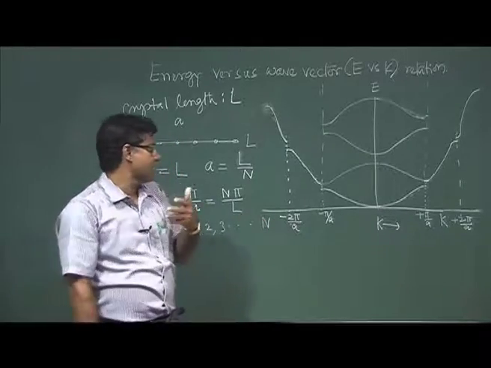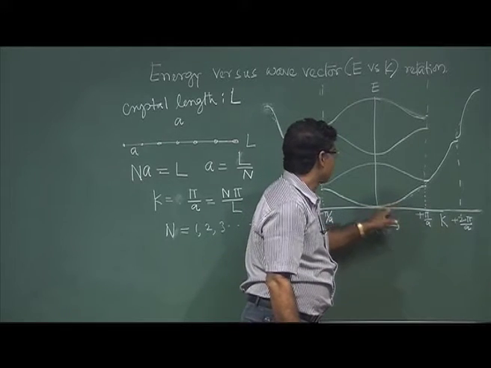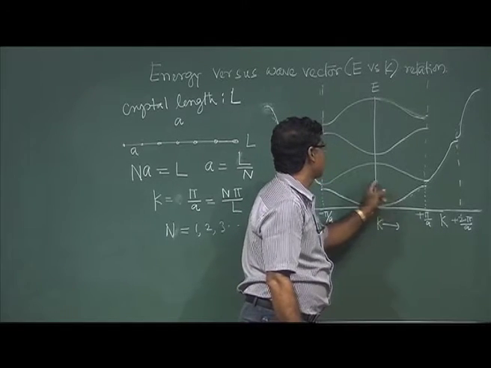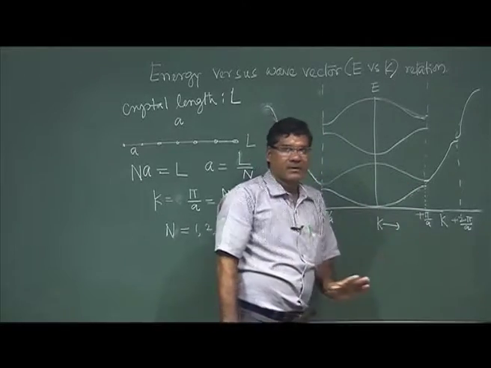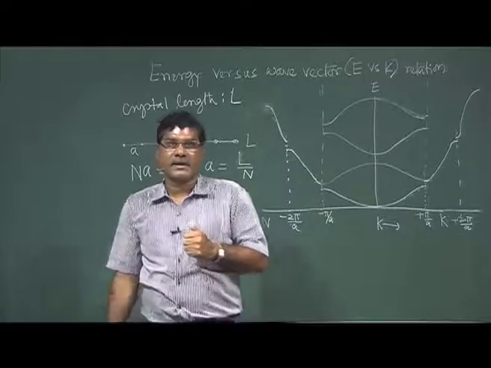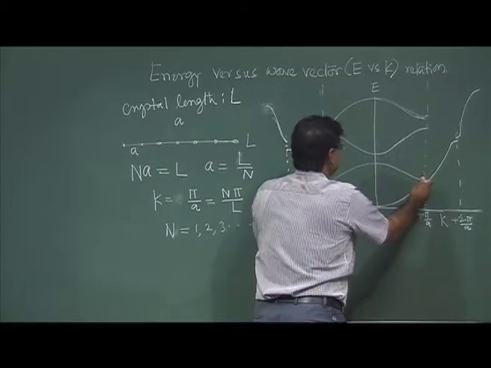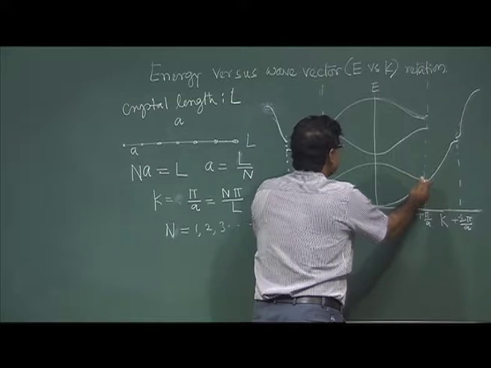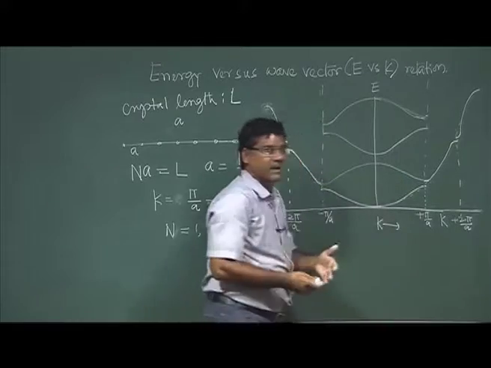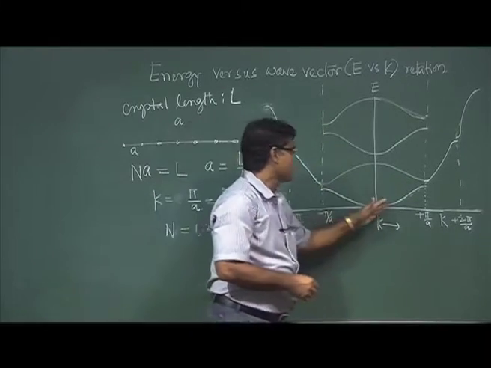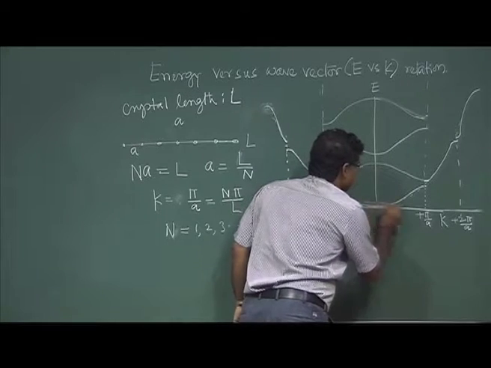For each value of k it will have a different energy, right. Each k value will give a different energy. So in this region we will get n number of wave functions or n number of states having different energy, and they are now discrete.